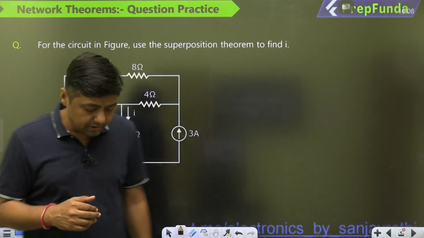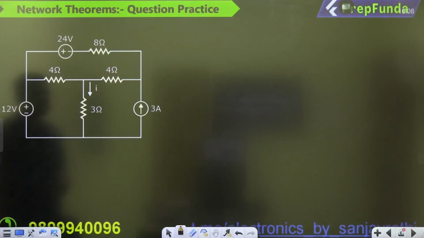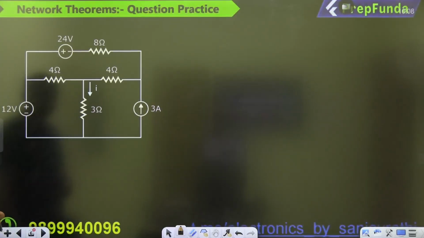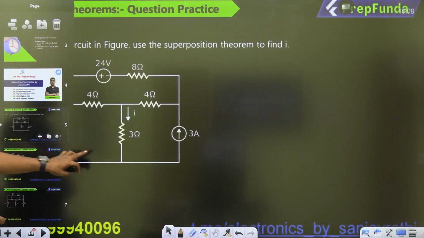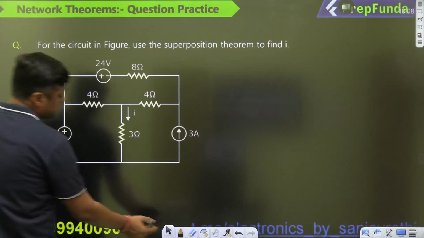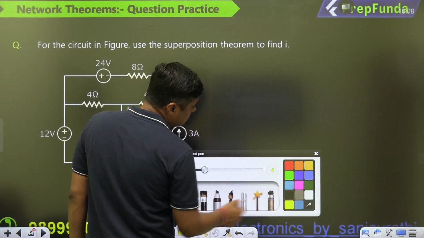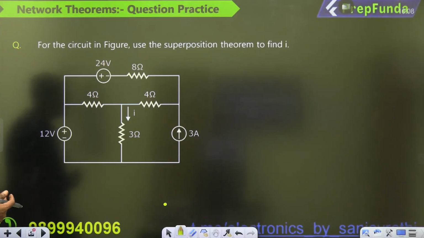Okay, then for the circuit in the figure, use the superposition theorem to find I. Now, if you want to use the superposition theorem, always remember there are three sources. Normally in GATE, they ask theoretical questions on superposition theorem, because it is very lengthy to solve this type of question, but I am giving you the hint.